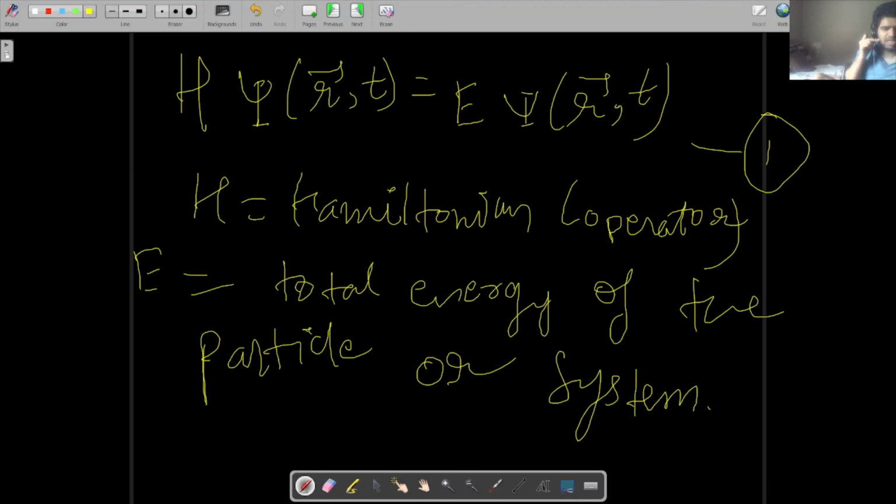H is the Hamiltonian operator. Now classical Hamiltonian. What is classical Hamiltonian basically? The classical Hamiltonian operator is like this. You will learn about this in detail in the upcoming classes, but for the time being, accept these things as they are.